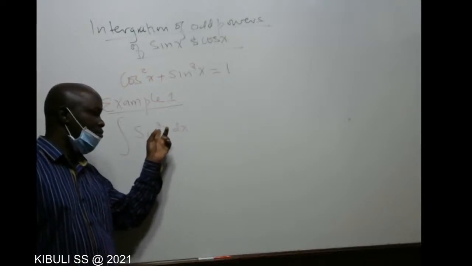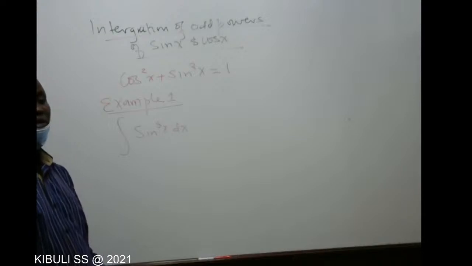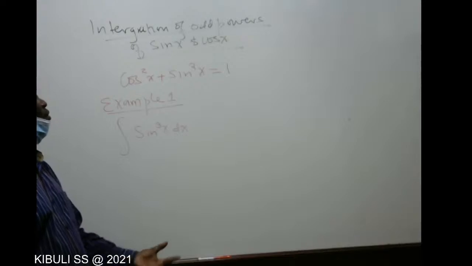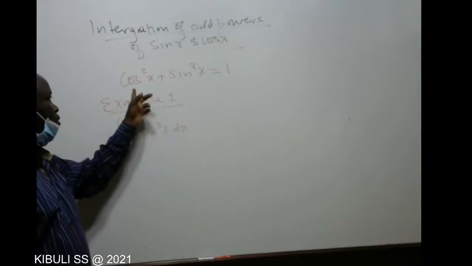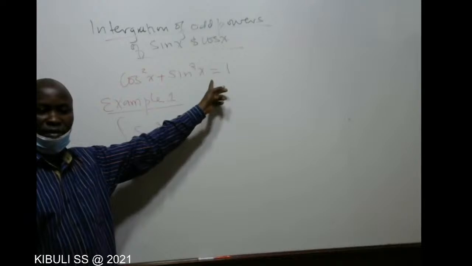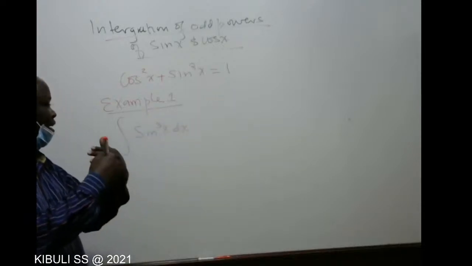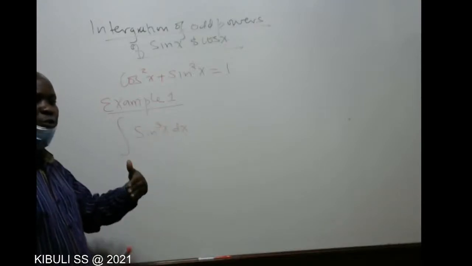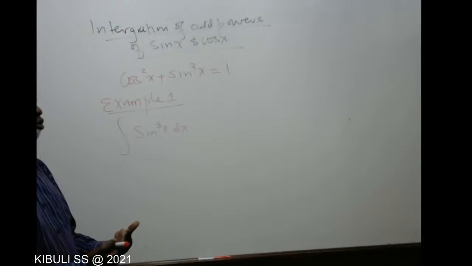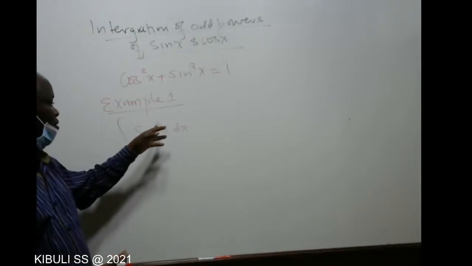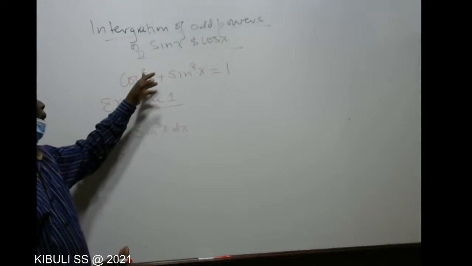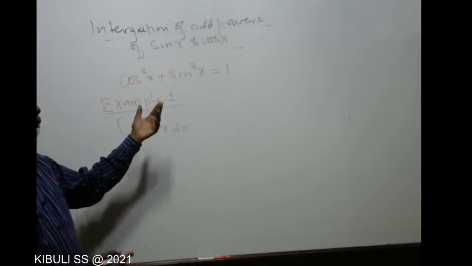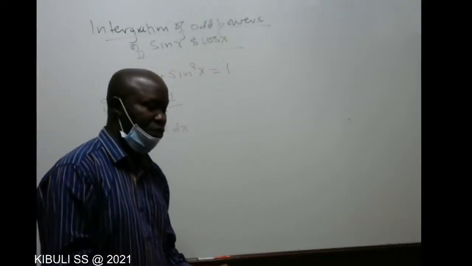This is an odd power, and we are saying if you have to integrate an odd power, use Pythagoras theorem. So what we do is automatically change the power 3 in terms of power 2, because Pythagoras theorem is to power 2.